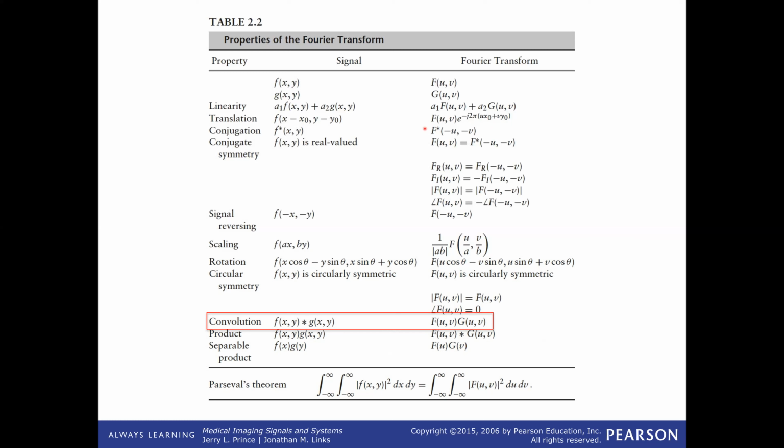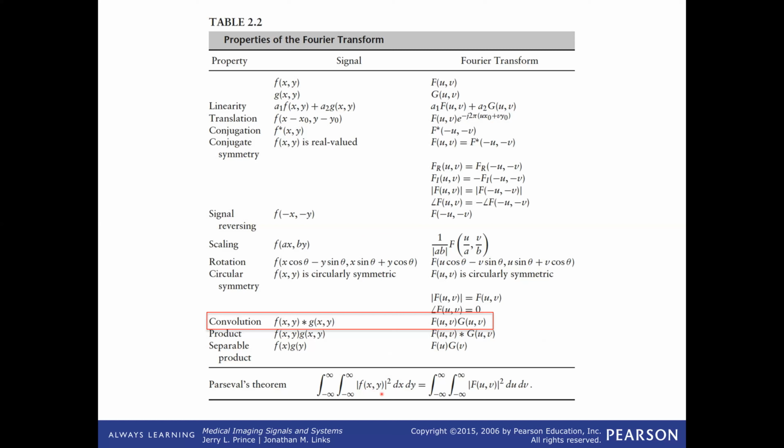I think that's probably it for the super important stuff. Parseval's theorem is that the amount of stuff in the spatial domain, and how do you quantify the amount of stuff in your image? You could just take each pixel value, square it. So it's not negative and positive, just the amount of stuff, the magnitude of it. Or if it's a complex number, just take the magnitude and just integrate all that stuff.